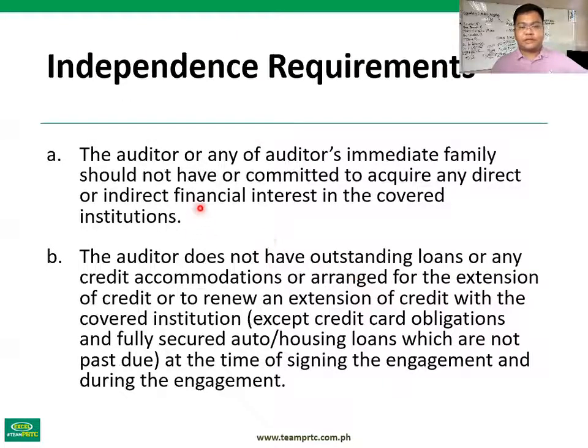Okay, so first, letter A, no external auditor of a bank may be engaged by any of the covered institutions mentioned in our previous slides if he or any member of his or her immediate family had or has committed to acquire any direct or indirect financial interest in the concerned covered institution, or if his or her independence is considered impaired under the circumstances specified in our Code of Professional Ethics for certified public accountants.